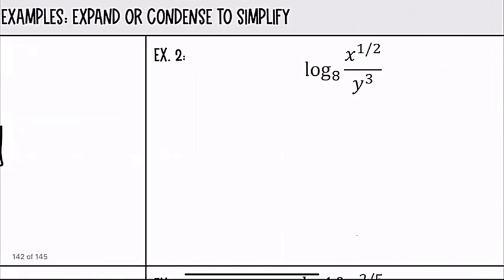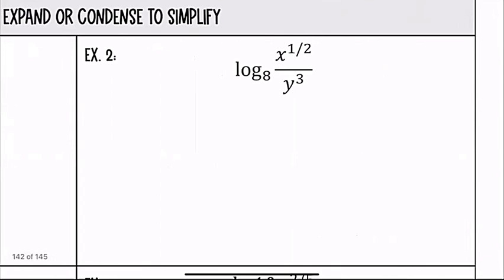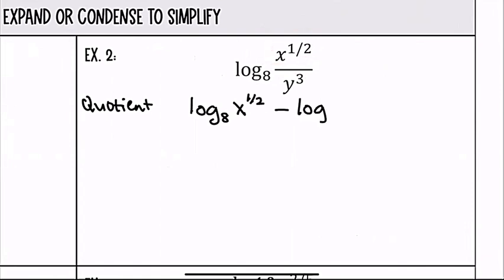Okay, let's try this one. This one we are dividing. Right here we have a numerator and a denominator. So we're going to use the quotient rule to get rid of that. And the quotient rule says if I'm dividing, I could also subtract. It looks like that. And then they both actually this time have an exponent. So per the power rule, if I have an exponent, I can also make it a coefficient.